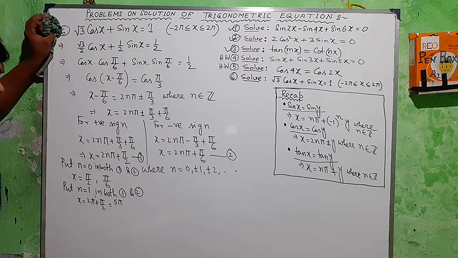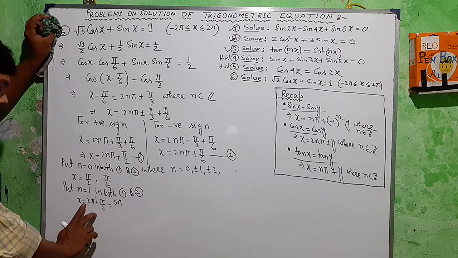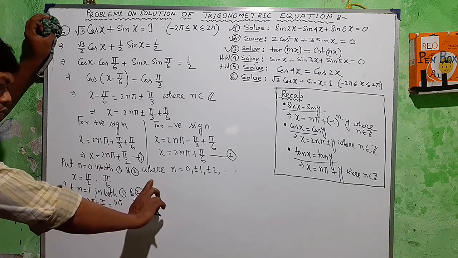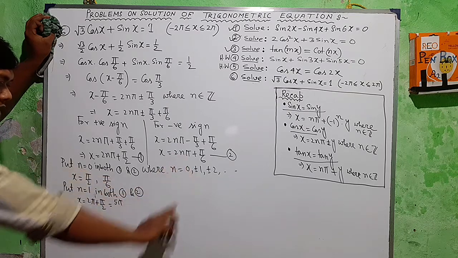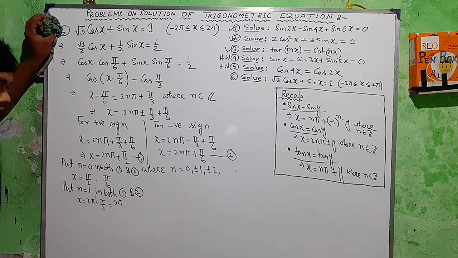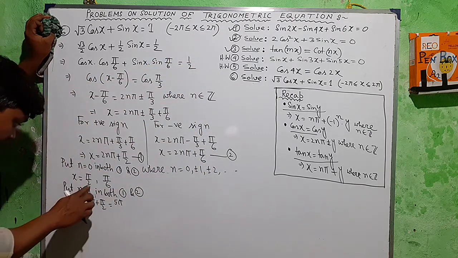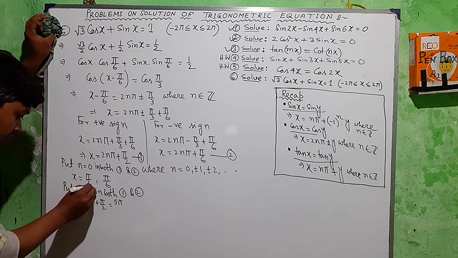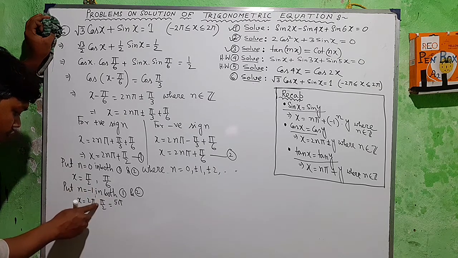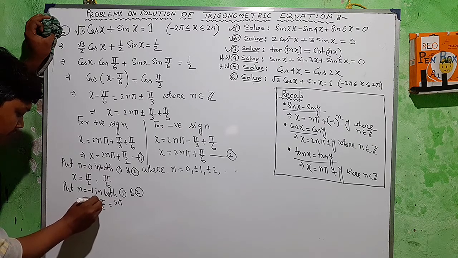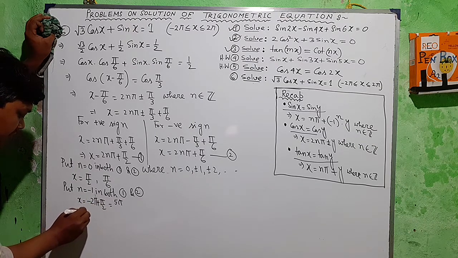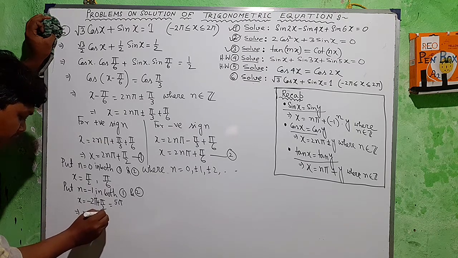In equation 2, n equals to 1 gives 2 pi minus pi by 6, that is 11 pi by 6, which also exceeds the interval. If I put n equals to minus 1, that gives minus 2 pi plus pi by 2, so x equals to minus 3 pi by 2.